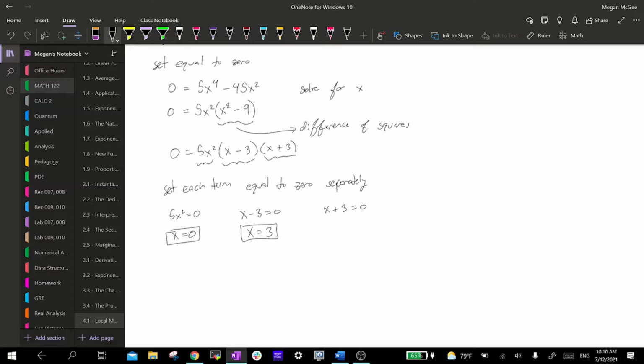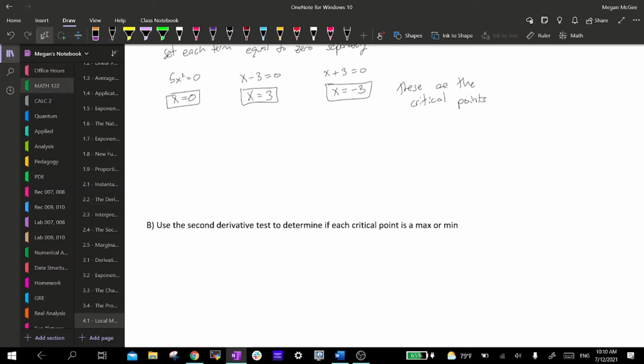And then we subtract 3 from both sides and get x is equal to negative 3. So these are the critical points. We don't know yet if any of them are minimums or maximums, but these are all critical points.